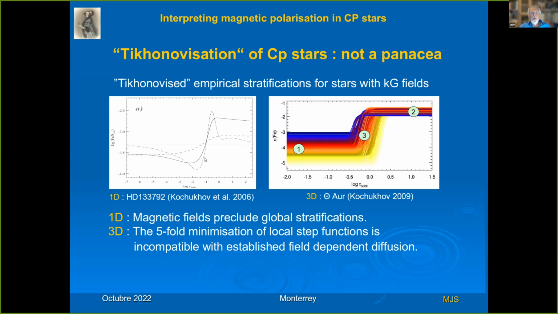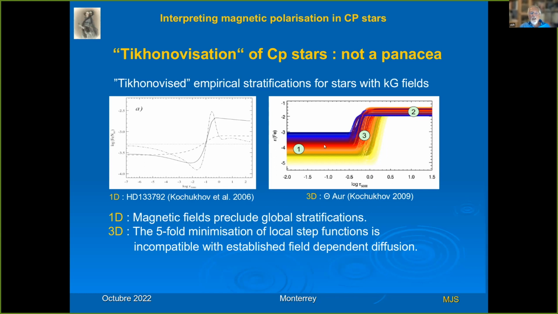For example, if you assume a global stratification, then Tikhonov helps you to get some curve, but this curve is unphysical. And of course, in magnetic fields, as in this star, which had been analyzed by Kochukhov and others in 2006, there can be no global stratifications.